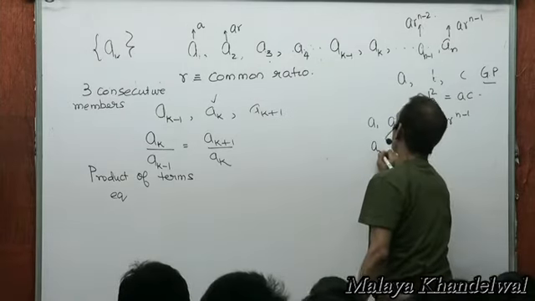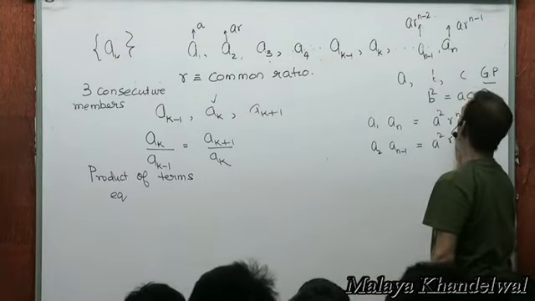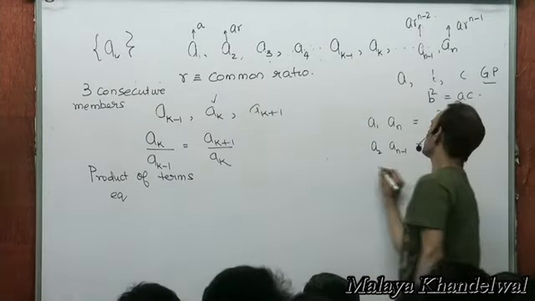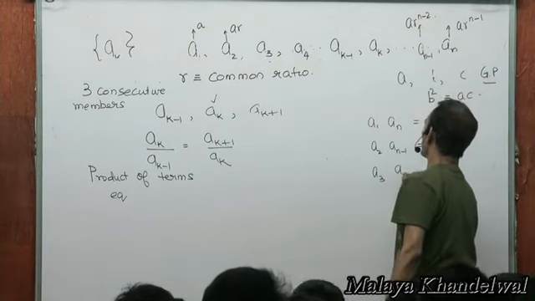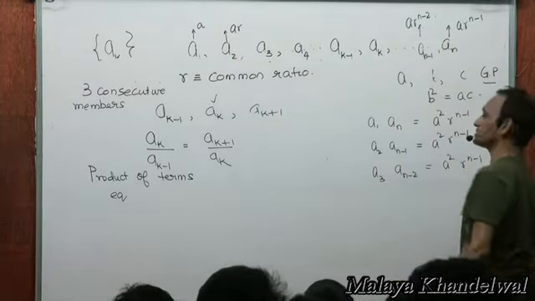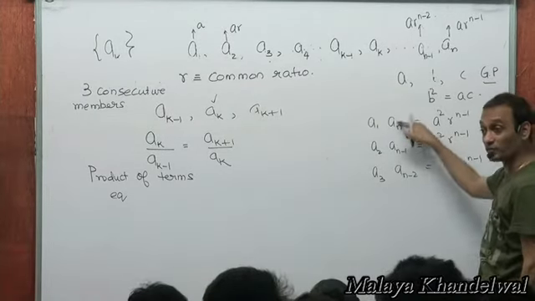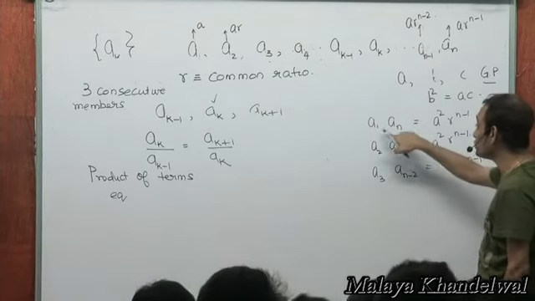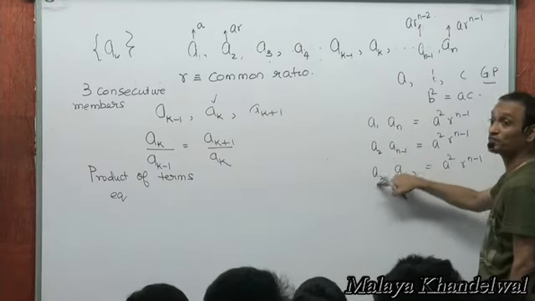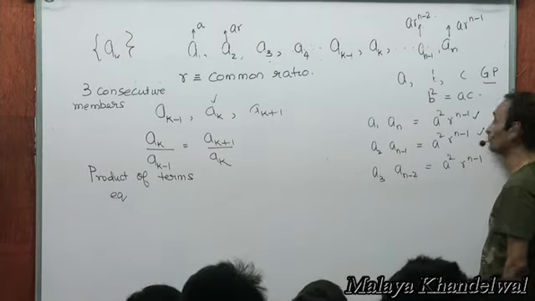What is A2 into AN minus 1? Check all this. In an AP, sum of terms equidistant from the beginning and end is a constant. In a GP, product of terms equidistant from the beginning and end is a constant. Do you realize it's the same value?